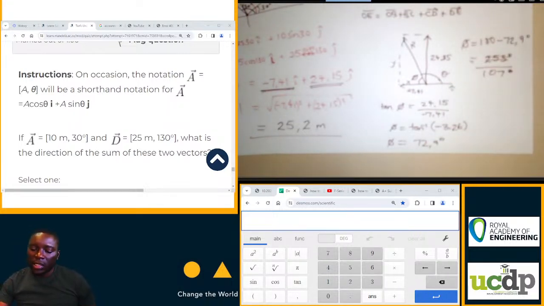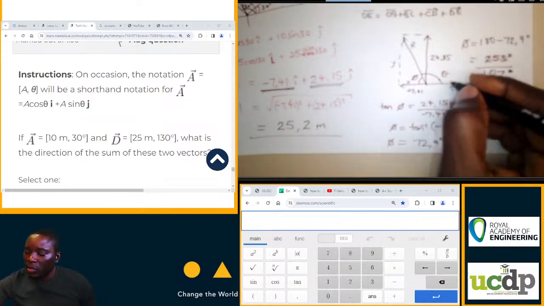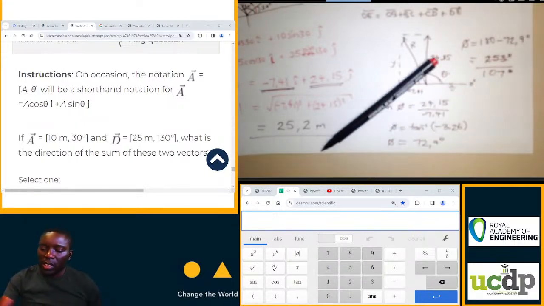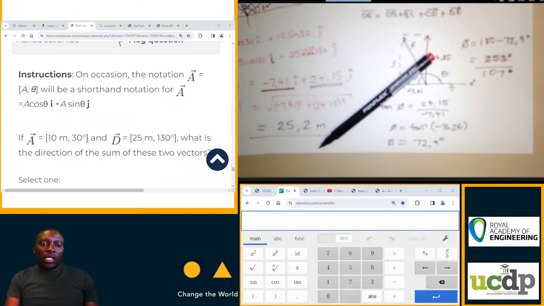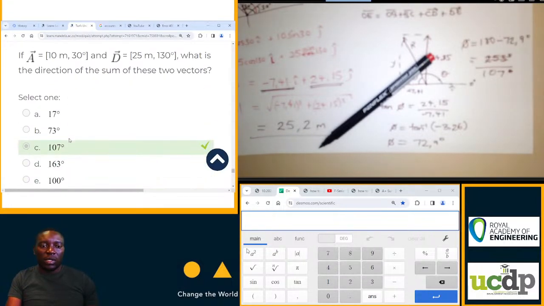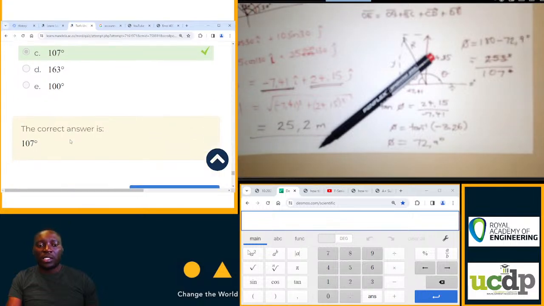That's why we got theta as 107, because the angle has to be measured from 0 degrees, which is the first quadrant. So that's how we get the answer to that part of the question. So don't fall for the 73 there. It doesn't give you a correct angle. The correct direction is 107 degrees.